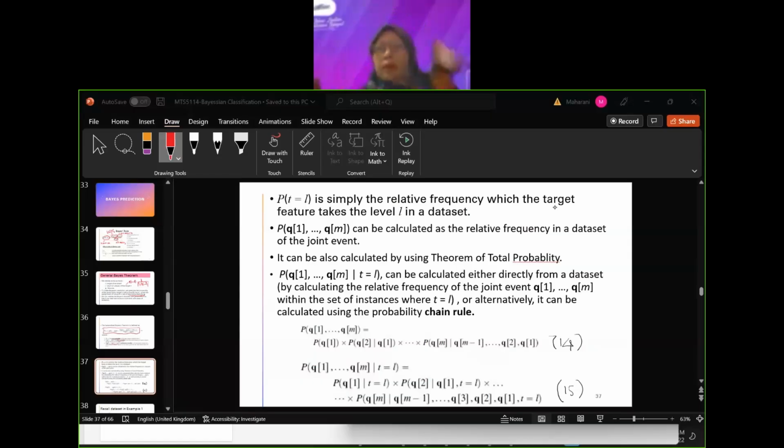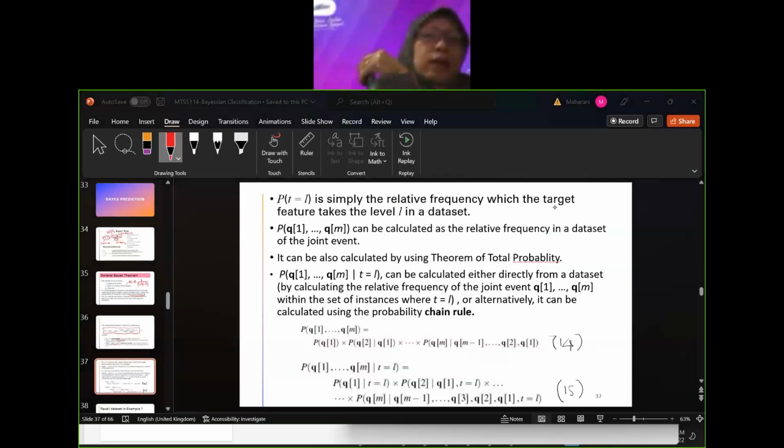Imagine you have a dataset and the target, which normally lies on the right side, in the corner of the table. You just need to find the frequency of whenever T equals L happens.